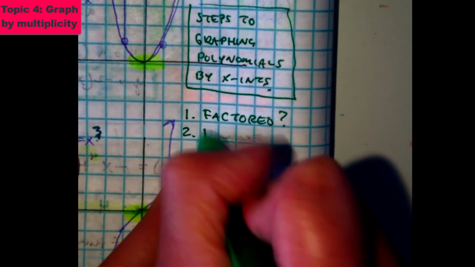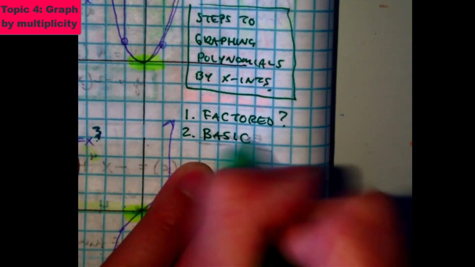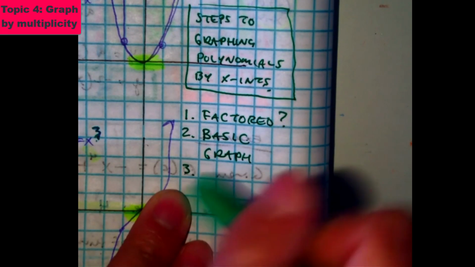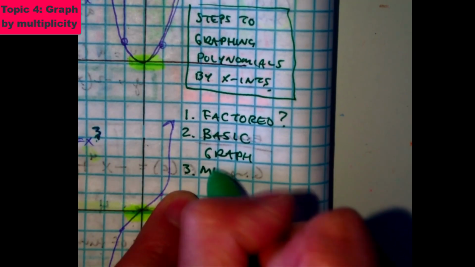So ask yourself a question, is it factored? The next question, can you get a basic graph? Number 3, what's its multiplicity?